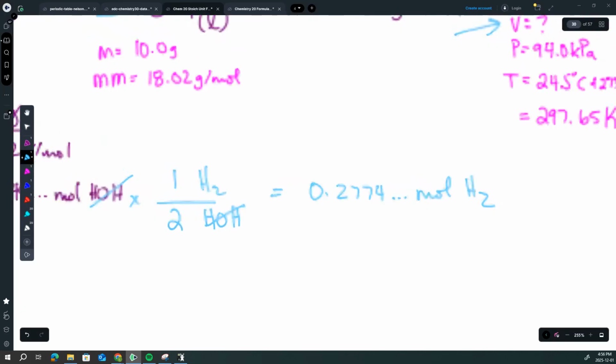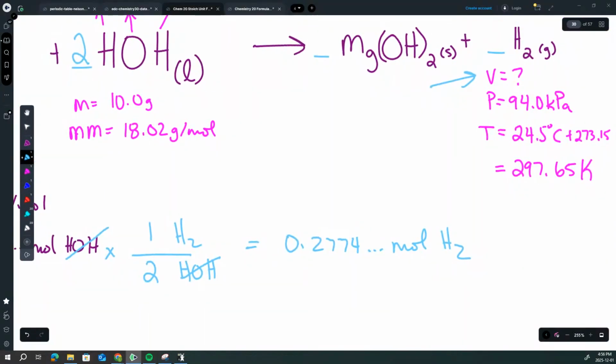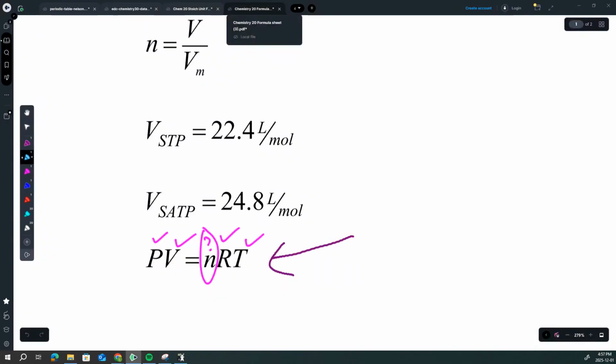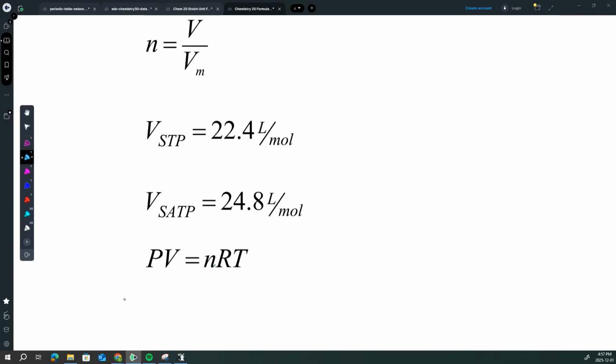All right. So now we're trying to find volume of hydrogen gas. We already have moles, we have pressure, we have temperature, and we're looking for volume. So what formula handles moles, pressure, temperature, and volume? Well, that's going to be the ideal gas law. Except this time we're going to be looking for volume.